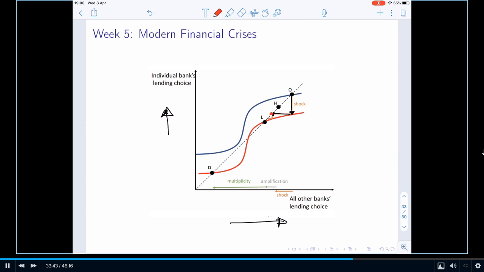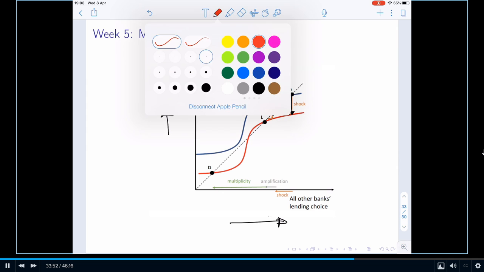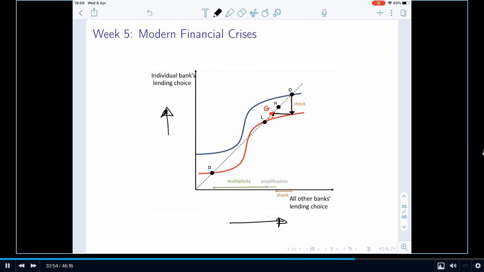So purely based on the cuts from the shock, we would end up at point G. What we see, however, is that this shock gets amplified. So we don't end up at G, we actually end up at point L. Because once I've cut and the other banks have cut, we both want to cut even more.